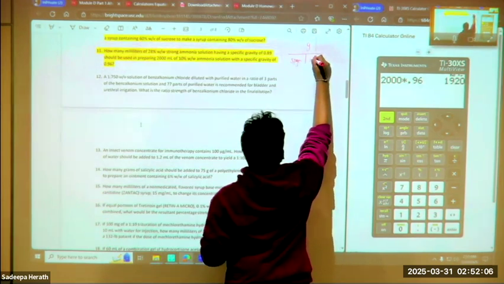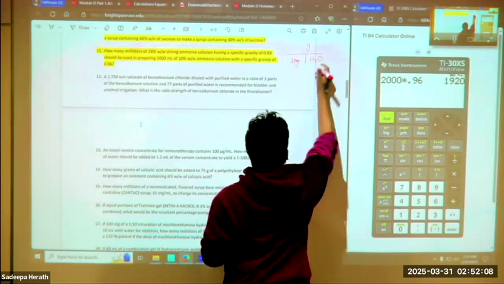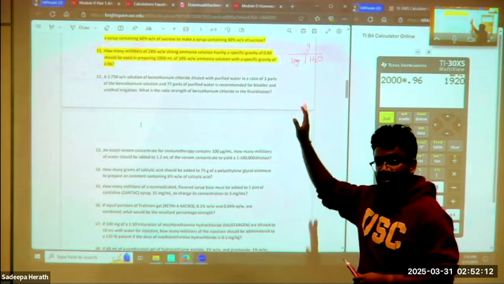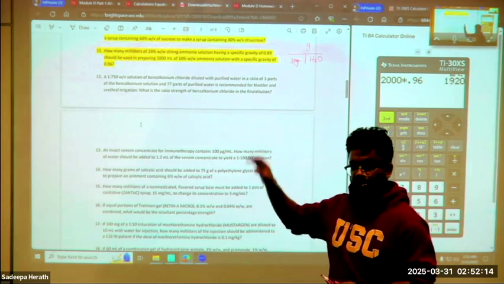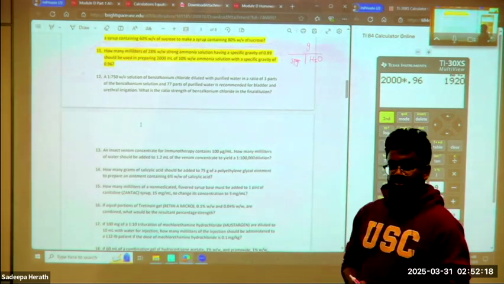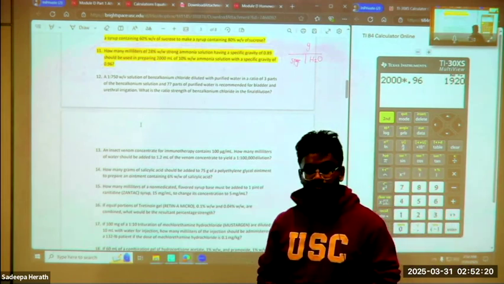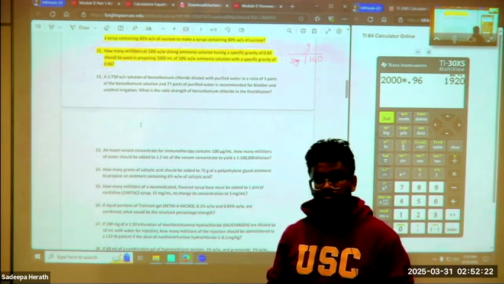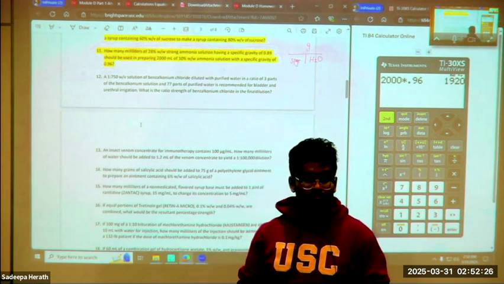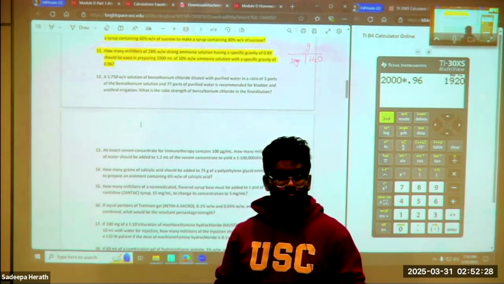Now, one thing to mention before we go ahead is that I write H2O just out of simplicity, but it really is just grams of substance over the weight of an equal volume of a solvent.